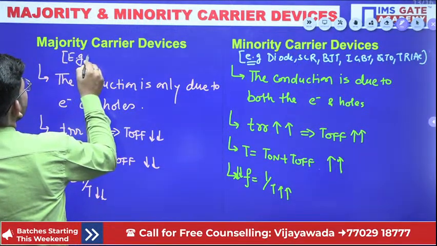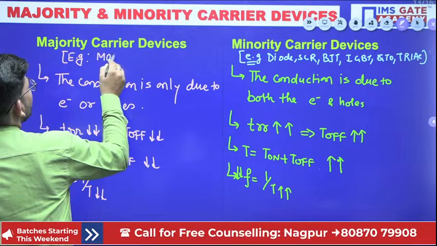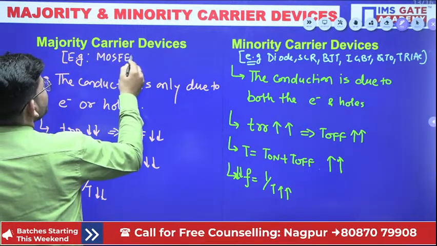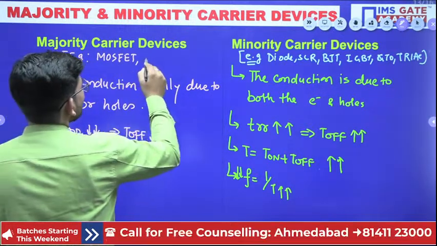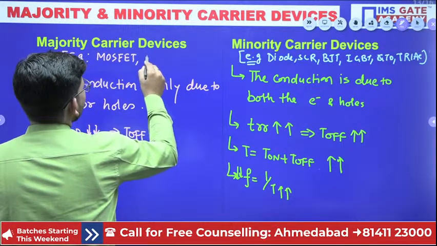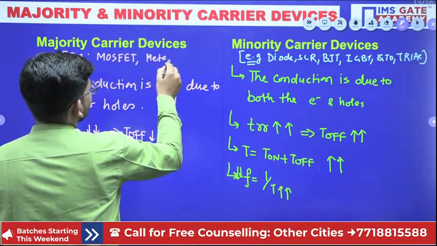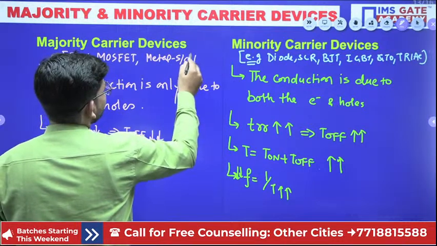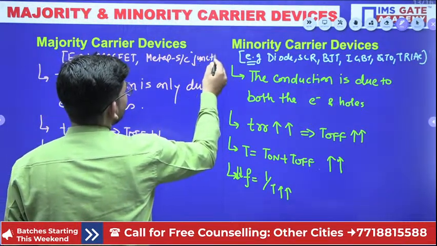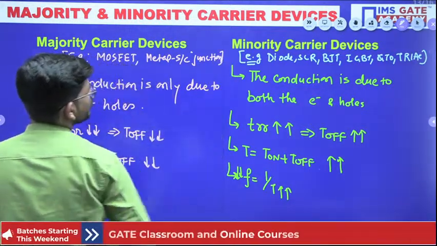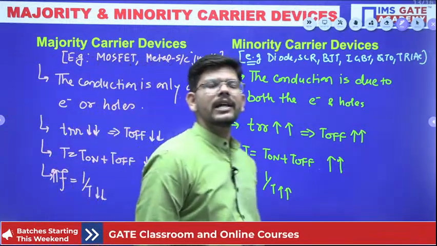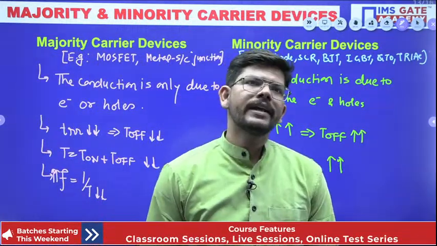The examples of majority carrier devices are MOSFET. In MOSFET, the conduction is due to electron only, or metal semiconductor junction, like Schottky diode. So these all are the devices that are called majority carrier devices, okay?